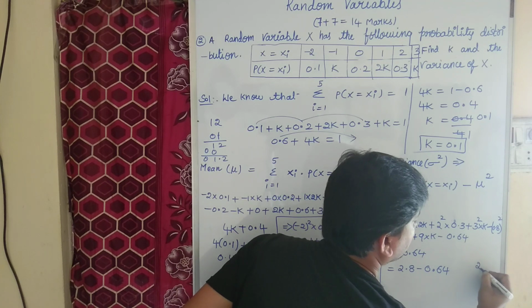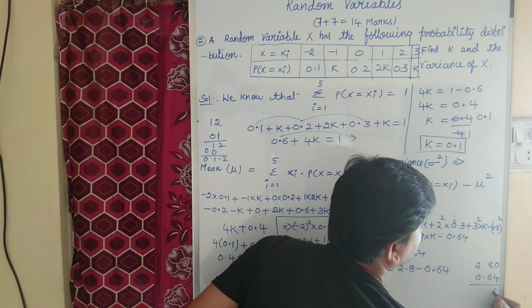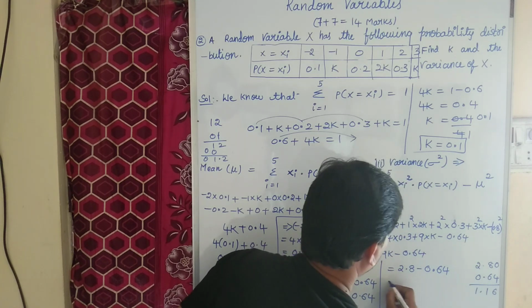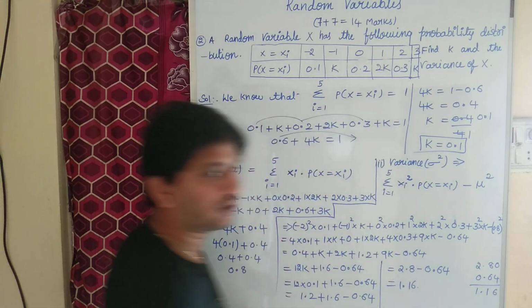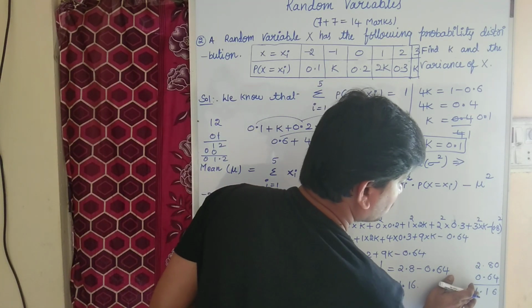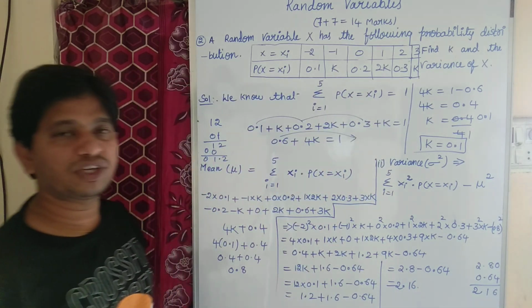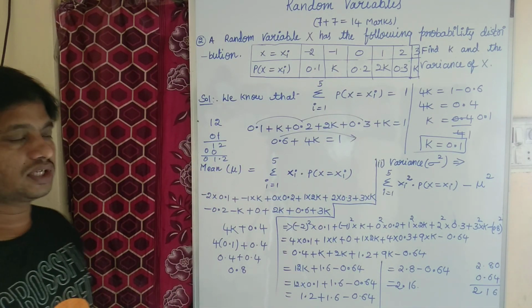From 2.8, 0.64. 10 minus 4, 6, 7 minus 6, 1, which is equal to how much? 1.16. So what is the variance, children? Sorry, this is 2 minus 0, 2 only. The variance is how much? 2.16. Children, is it clear?